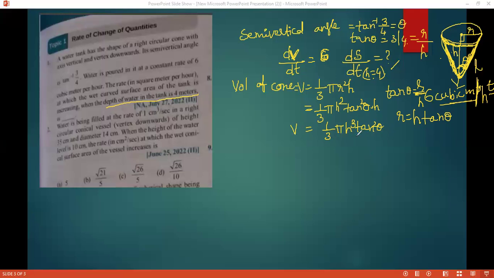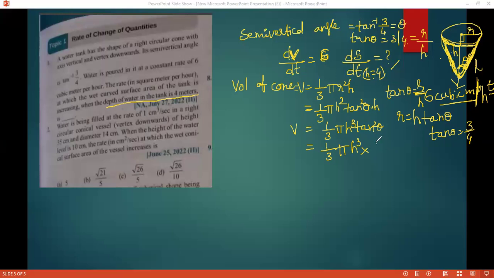Now you see here, pi h cube. What about tan theta here? We got tan theta as 3 by 4, right? So I can substitute that. Then what am I getting? 1/3 pi h cube into tan square theta, so I can write it as 9 by 16.